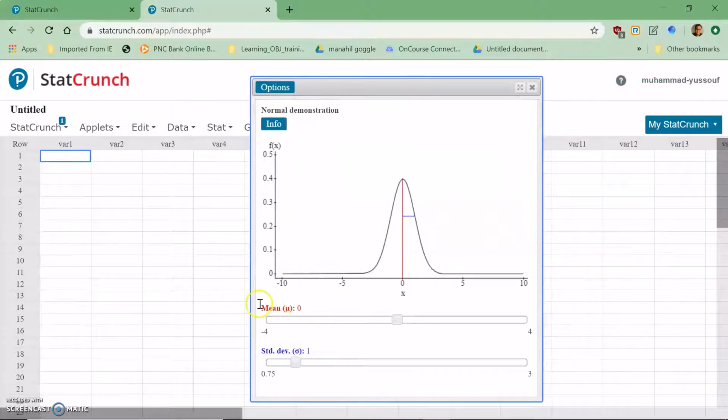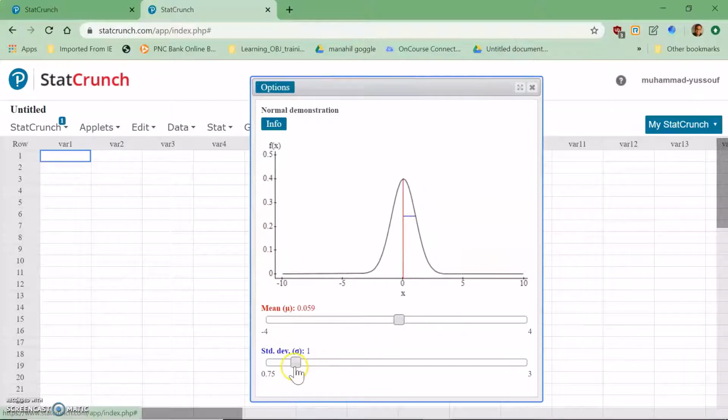Note that there are two sliders. The red one is for the mean and the blue one for the standard deviation. Let me move the red slider and see what happens. When I move the slider, the location of the mean moves. If I change the mean, the red line changes.